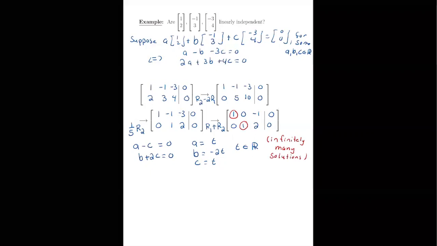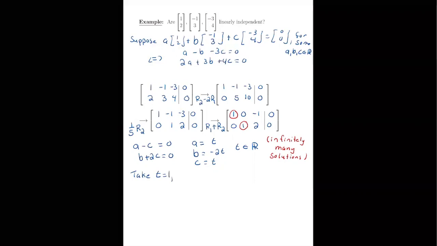And now, if we want to find a non-trivial solution, certainly if we have infinitely many, we have at least one non-trivial one. So let's actually find one. I can take T, for example, to be, let's say, 1. I can take T to be anything other than 0.